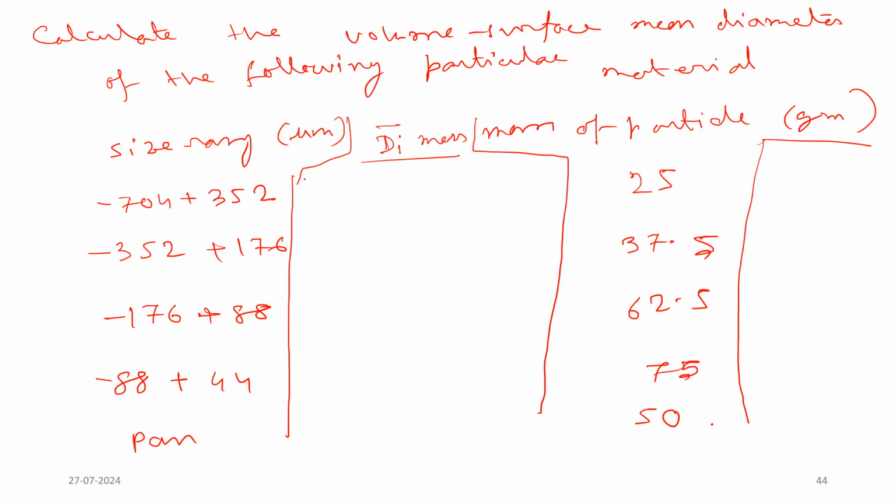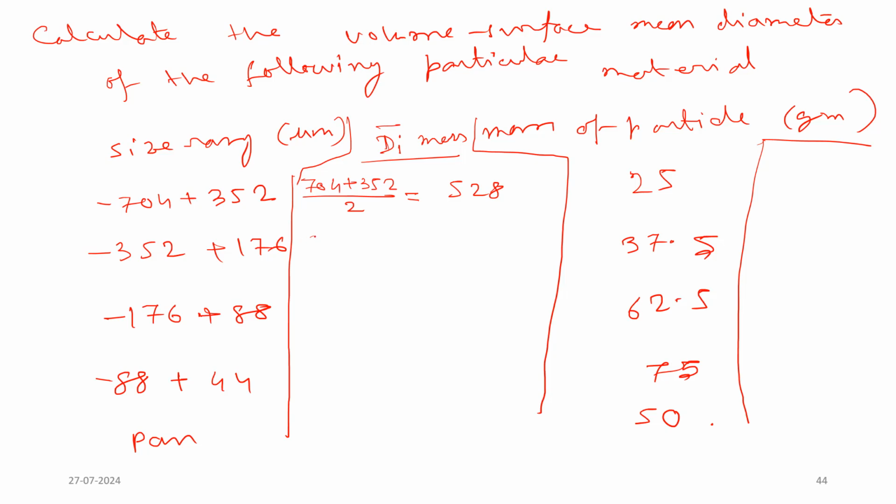It is just the average: 704 plus 352 divided by 2. How much is it? It is 528. Similarly, for the range of particle, we are calculating the average diameter.